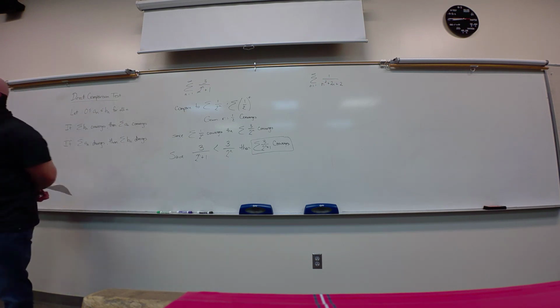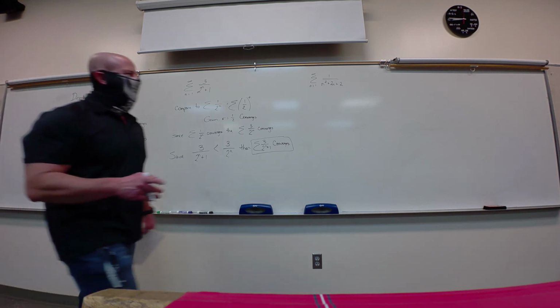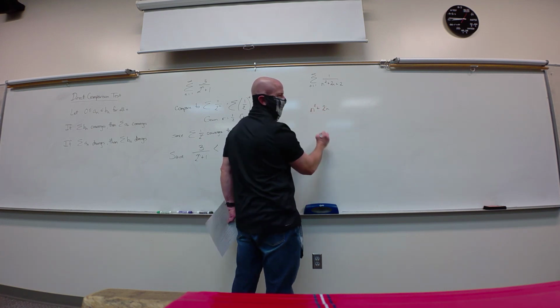All right, what's something I can compare that to that's nice and simple? 1 over n squared. Because the 2 is definitely not going to matter out there, and the 2n really doesn't. Remember, we've seen before, if I'm adding 2n, it doesn't really matter.